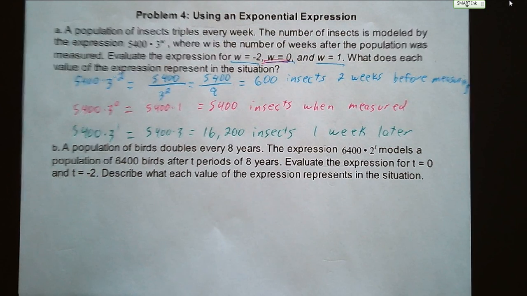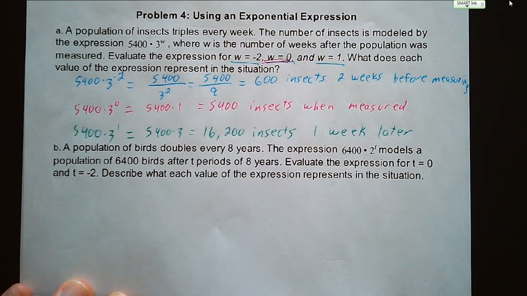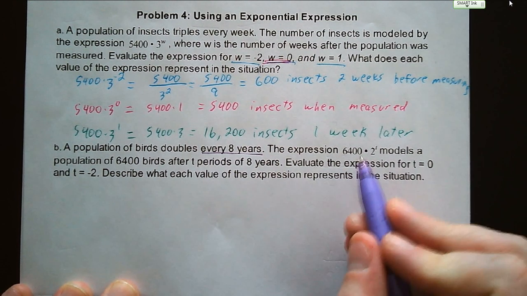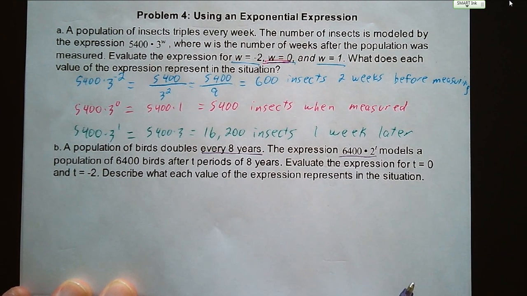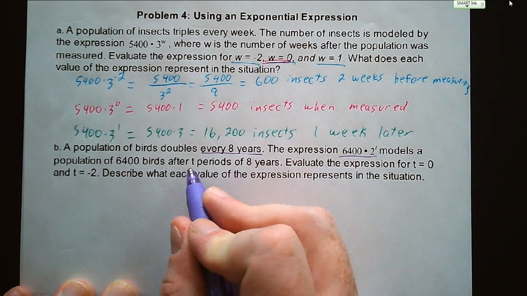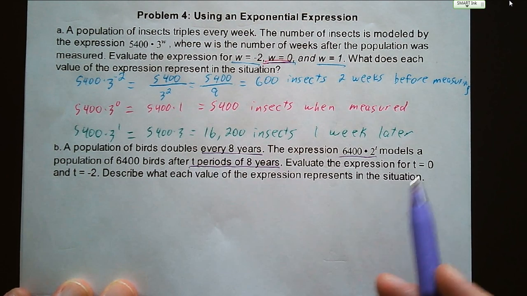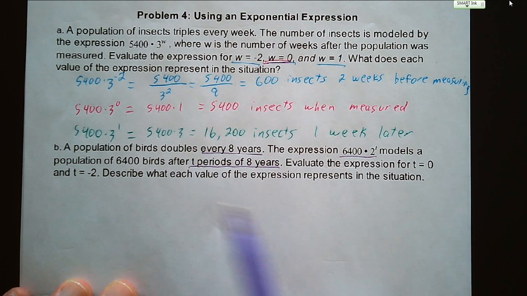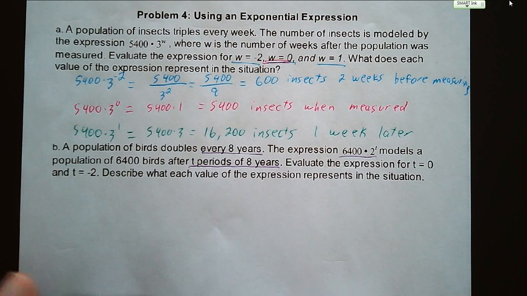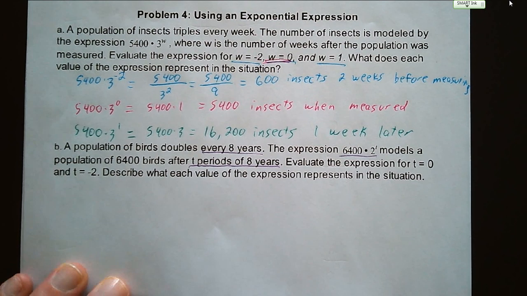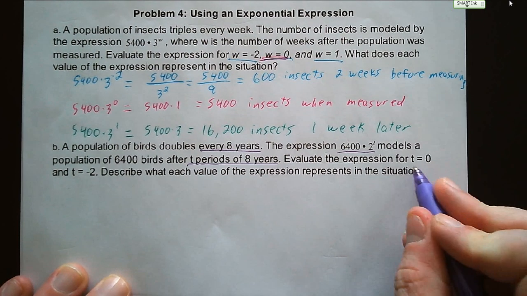So, a population of birds doubles every 8 years. The expression 6,400 times 2 to the t power models a population of 6,400 birds after t periods of 8 years. Evaluate the expression for t equals 0 and t equals -2. Describe what each value represents in the situation. So let's just start with t equals 0.